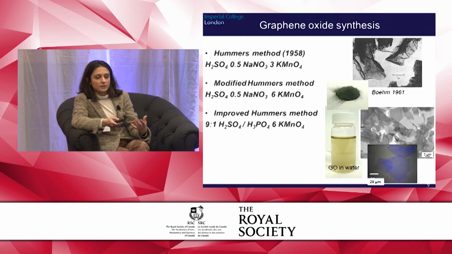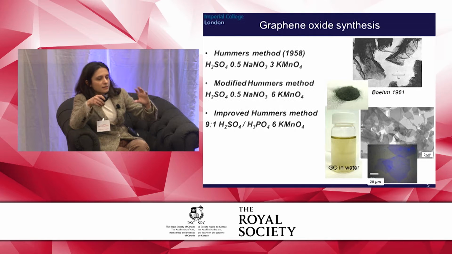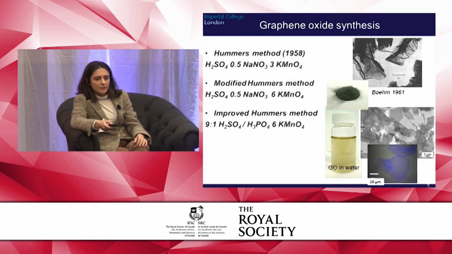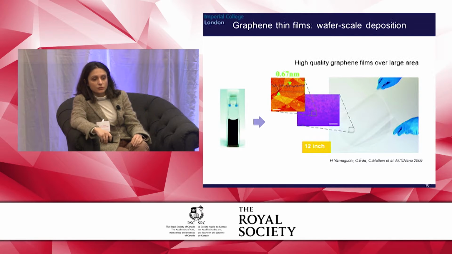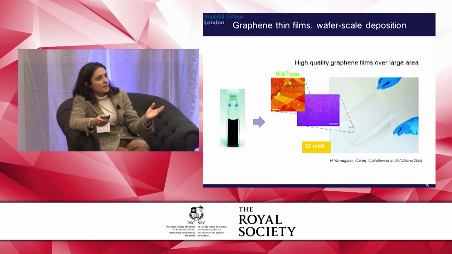So we can just obtain a suspension of these graphene layers in water. And from here, we can manipulate these layers in the way we want. We can, for instance, reassemble them to form atomically thin layers over large areas. Those layers can be very uniform. For instance, we can deposit them on plastics.